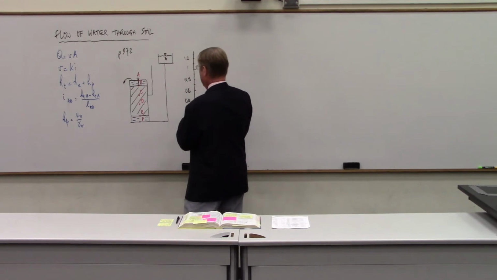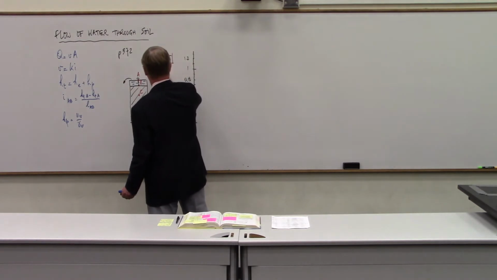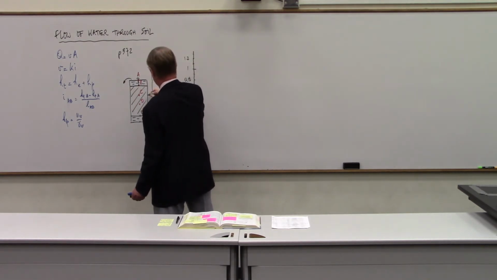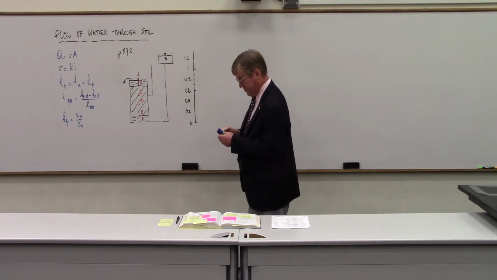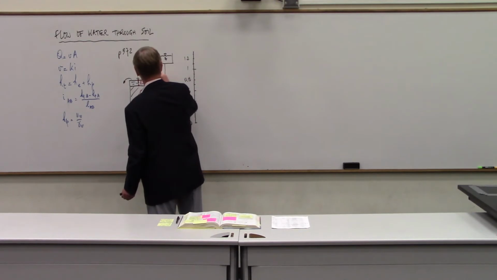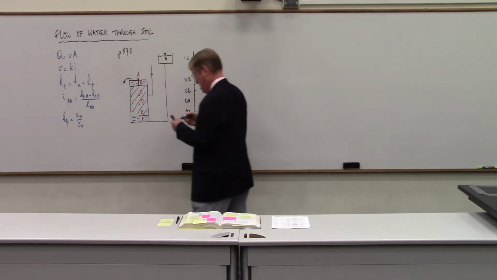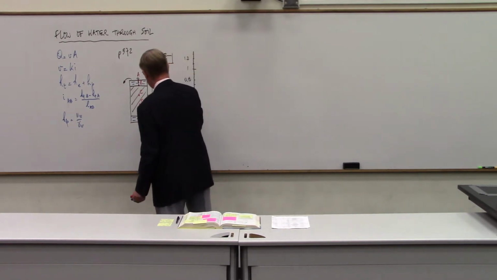So 0.95 is the level where the water rises in here. Okay? So there is water that rises in the tube all the way to that particular level. Or I should do it in blue for water. Okay? And then we have another pipe connected to D.